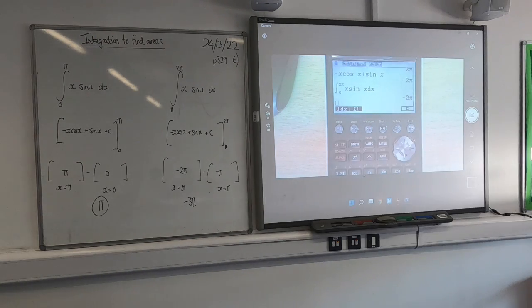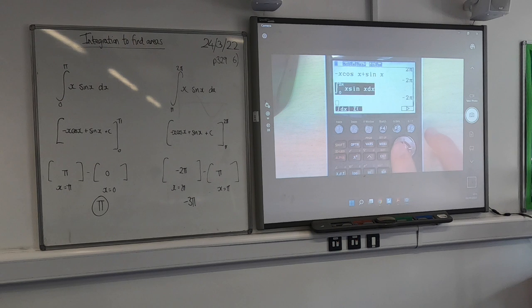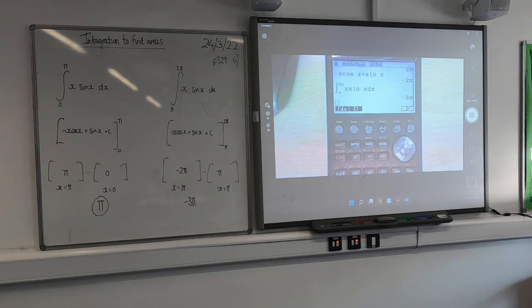It's not clever enough to deal with that. However, if I do it as 2 separate integrations, so I do it from 0 to pi, that gives me my answer, pi, and then I do it from pi to 2 pi, and change the sign. So you can still use it to check, but it's not clever enough to work it all out in one go.